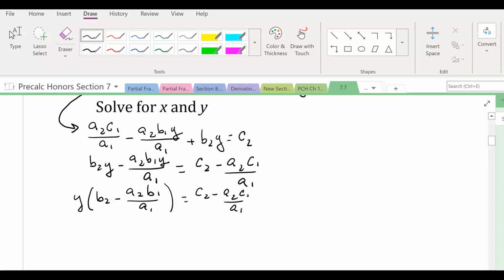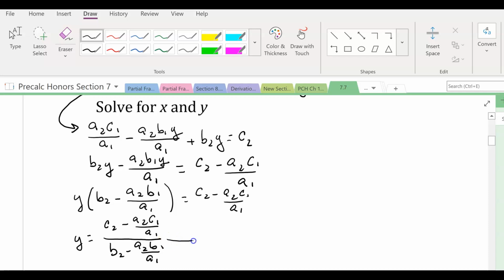And next I'm going to divide both sides by this whole thing, so I get y by itself. So now y is equal to, in my numerator, c2 minus a2c1 over a1, over b2 minus a2b1 over a1. Alright, we're getting close.